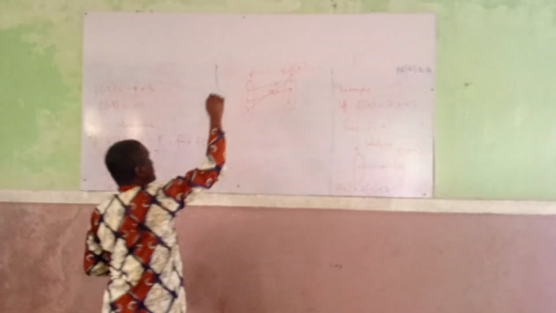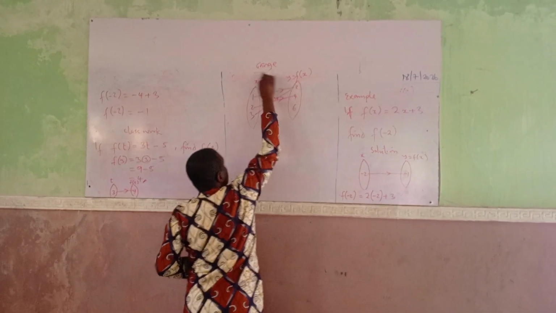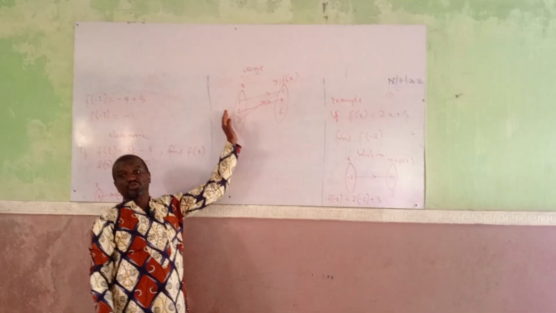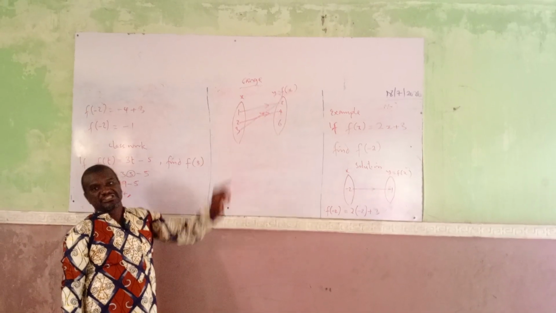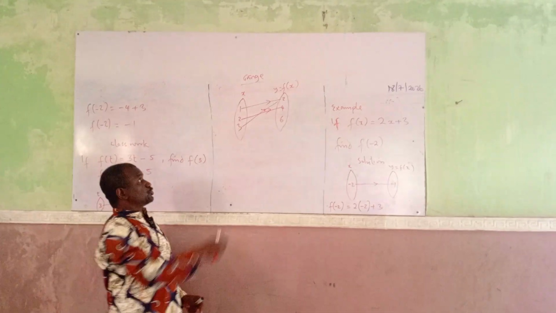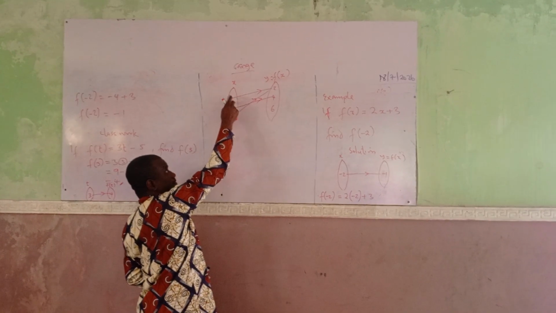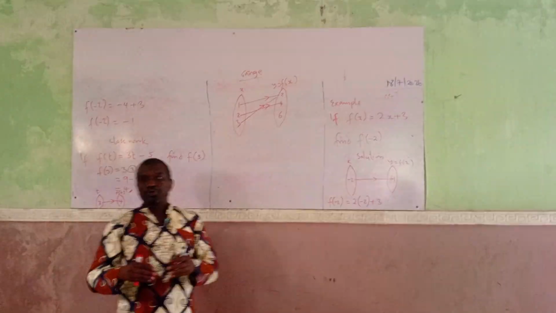We want to explain what we mean by range. And take note, we said for a function, all the elements in the domain must have their image in the codomain. So these two elements that are being mapped from the elements in the domain are said to be the range.